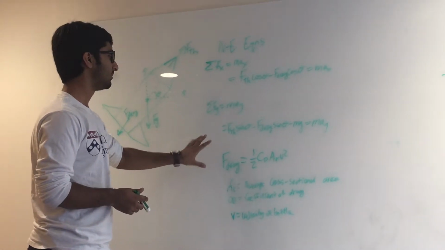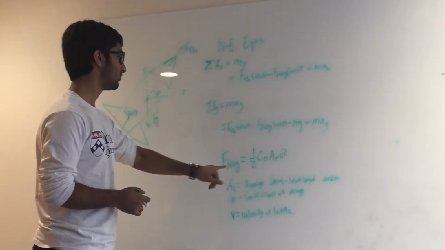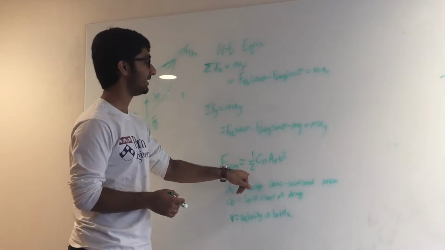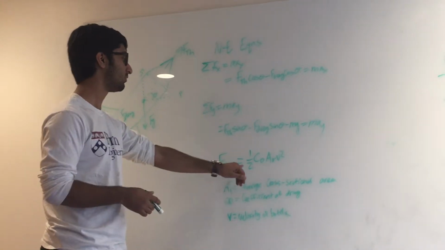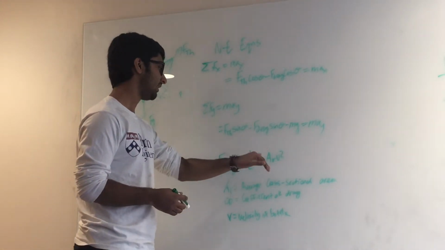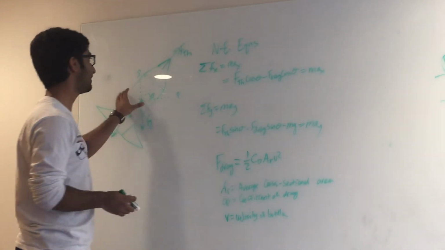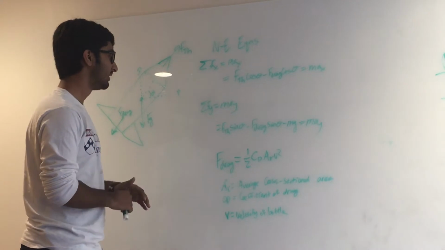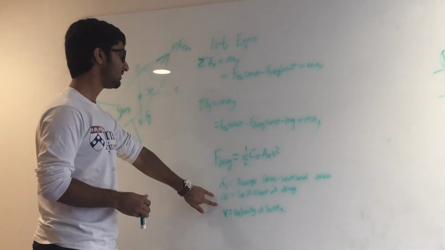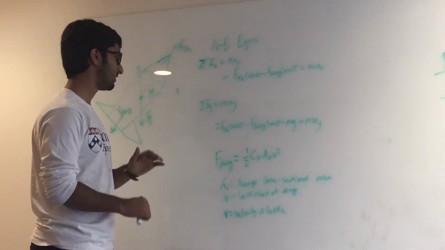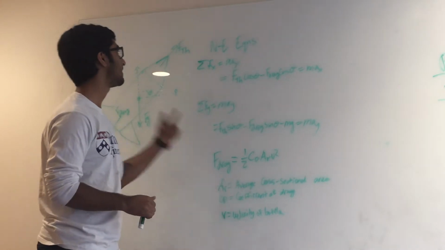To add a little bit more detail on the drag force, we found that for a rocket it's roughly equal to 1/2 C_D A_R V squared, where A_R is the average cross-sectional area of your rocket, which you can calculate based on the dimensions of your bottle. C_D is the drag coefficient, which can be calculated similarly, and V is the velocity of your rocket.